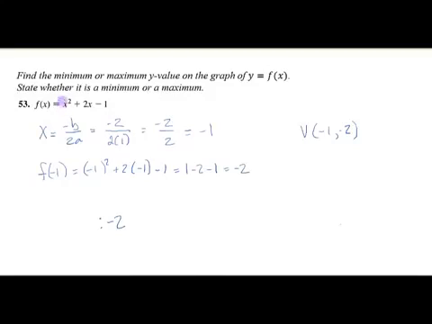If a is positive, then we have a happy parabola, and if a is negative, then we're going to have a sad parabola. So this is a parabola that's opening up, so the vertex is going to be the lowest point on the graph, or in other words, the minimum. So we have a minimum of negative 2.